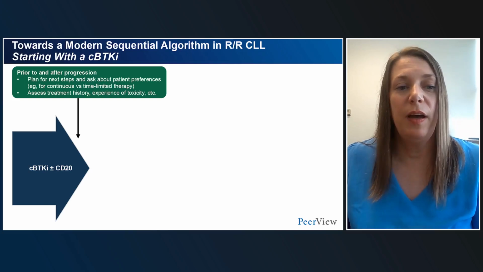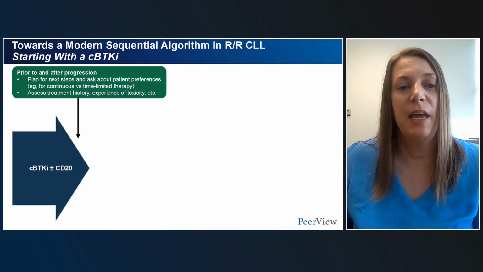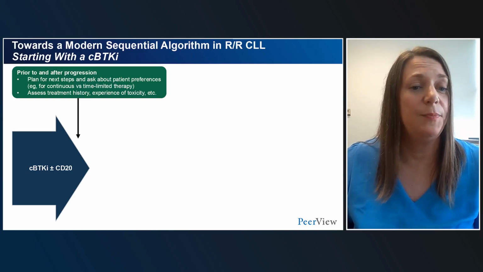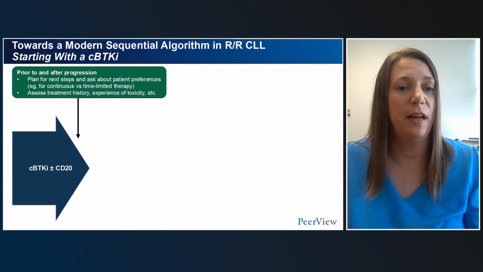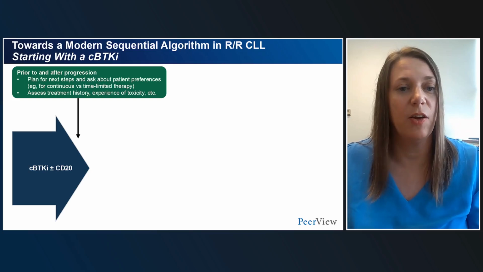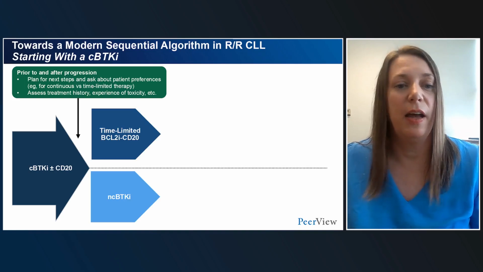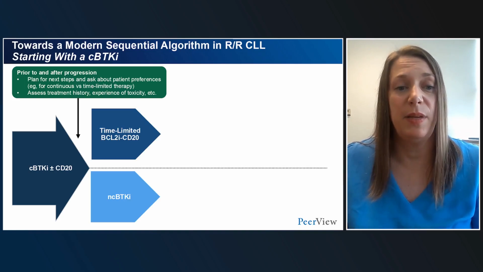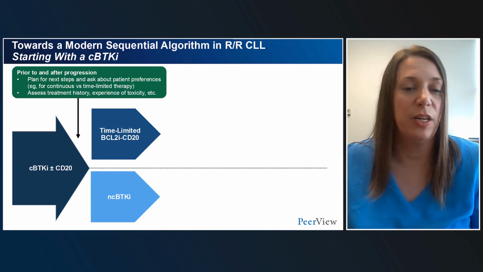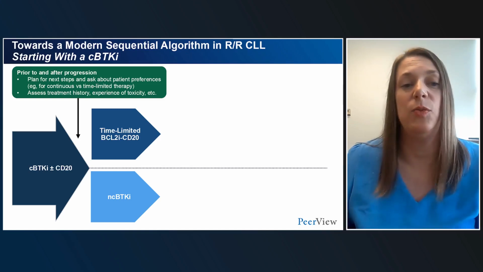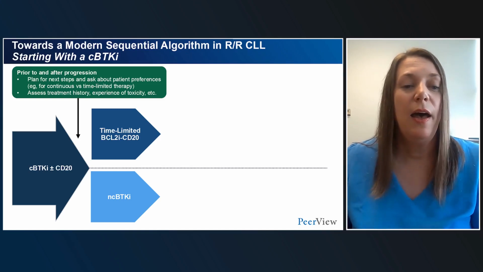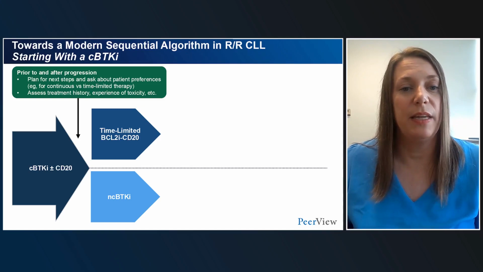So people who have received a covalent BTK inhibitor at the time of relapse, presuming that they had progression while taking the covalent BTK inhibitor, our options would be either a time-limited BCL2 inhibitor-based combination. Here, we're primarily looking with a CD20 monoclonal antibody, or a non-covalent BTK inhibitor.